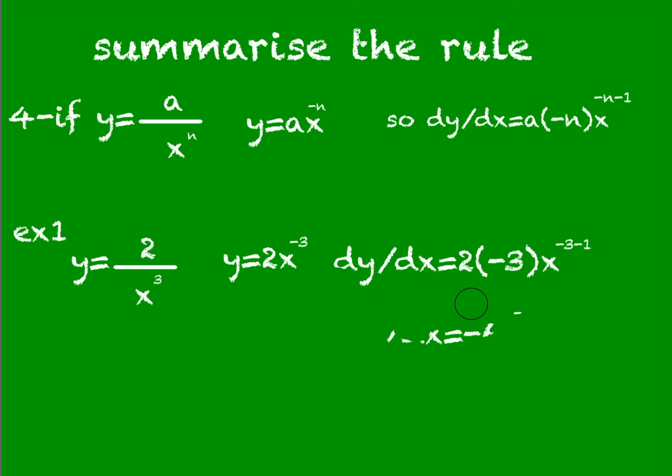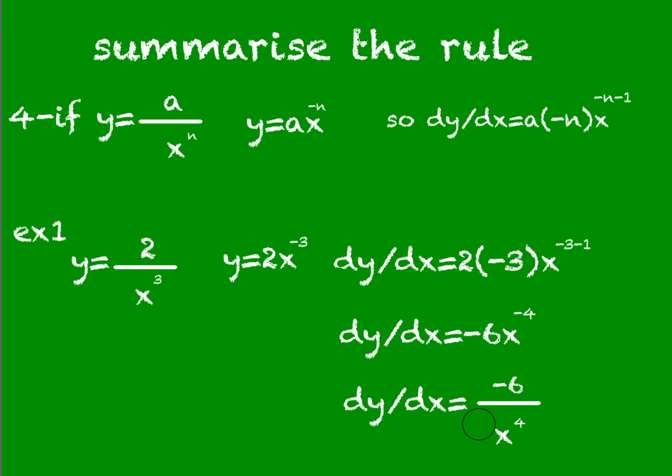So I need to simplify: negative 3 times 2, negative 6, x to the power of negative 4, and I will take it down to finalize my answer. x to the power of negative 4, I need to take it down because the sign is negative, so x to the power of 4.